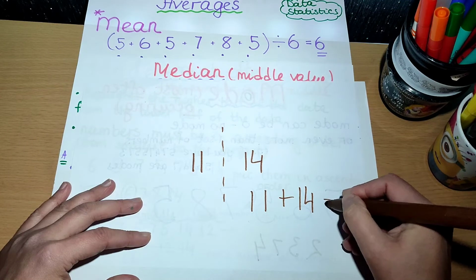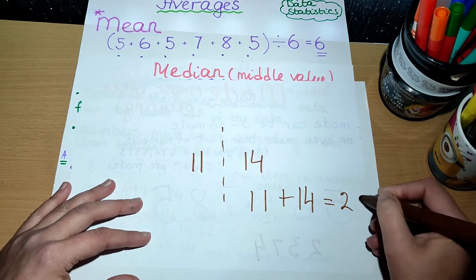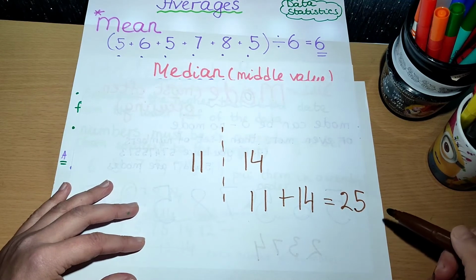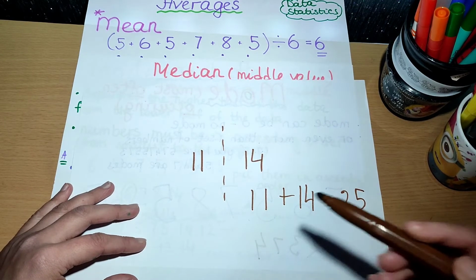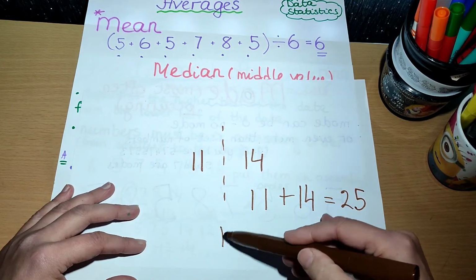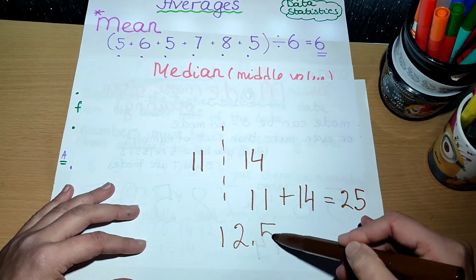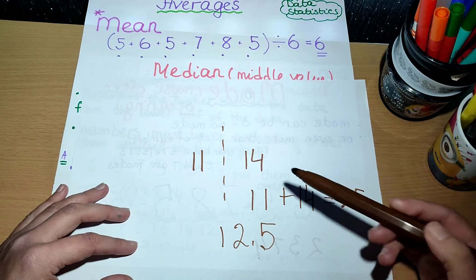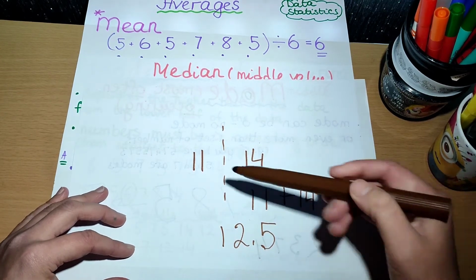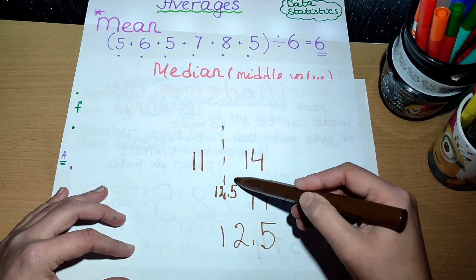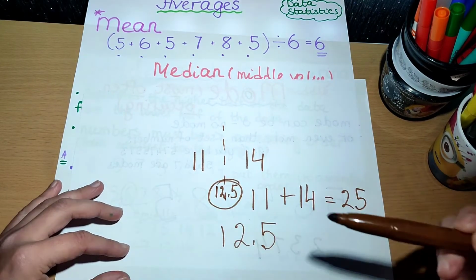What's 11 add 14? 25. And then you divide it by 2. You half it. What's half of 25? 12.5. So 12.5 is going to be your median, because it's the number in the middle.